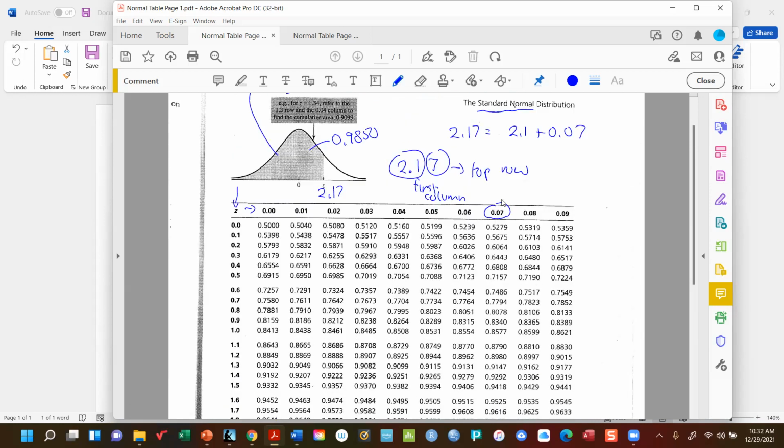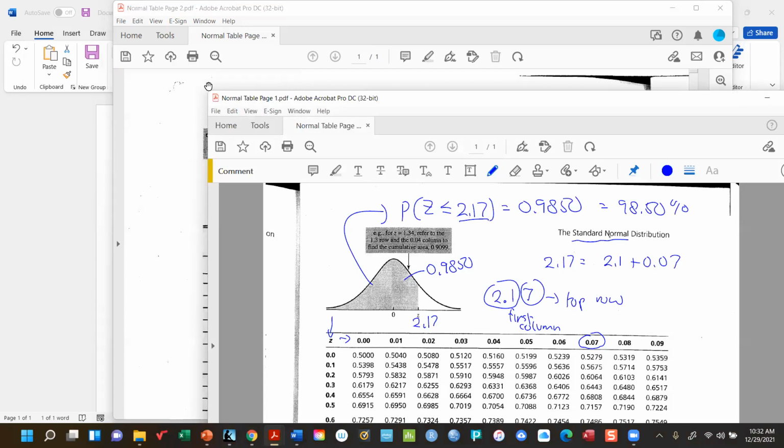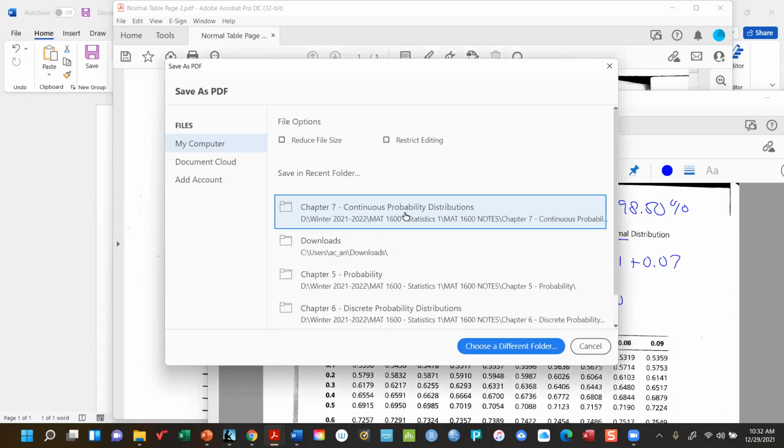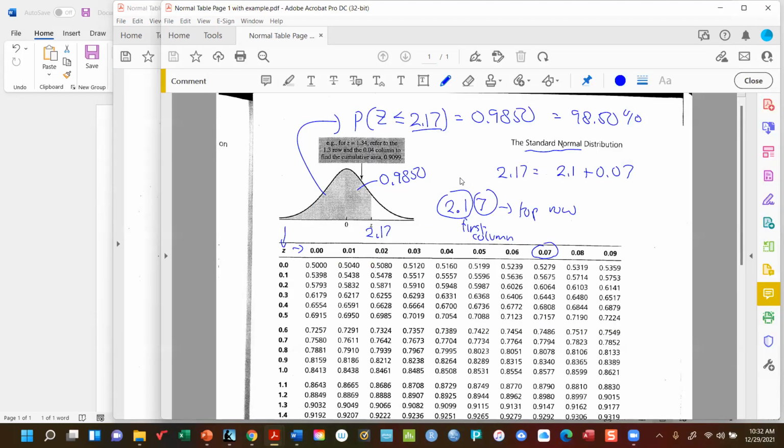Okay, why don't we do another one just to make sure that we really get it? Let me just quickly save this one so that I can erase it without losing the results.